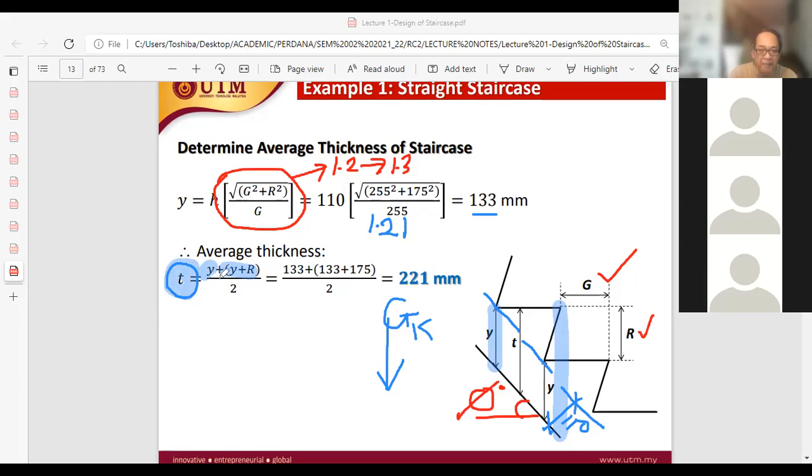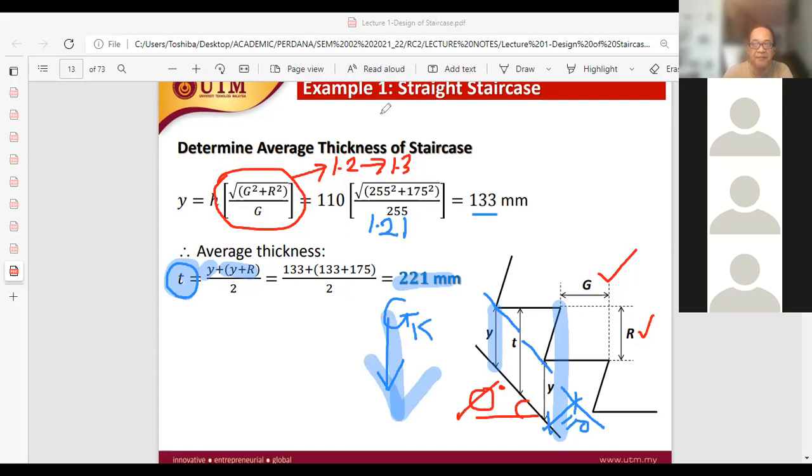So y plus r bagi 2, take the average. So dapatlah average thickness T. So this is the average thickness yang akan digunakan, they will be used to obtain the GK acting in a vertical punya gravitational direction, arah gravity. Right? So this is how we evaluate the average thickness.